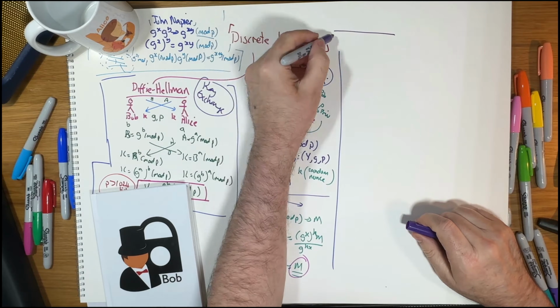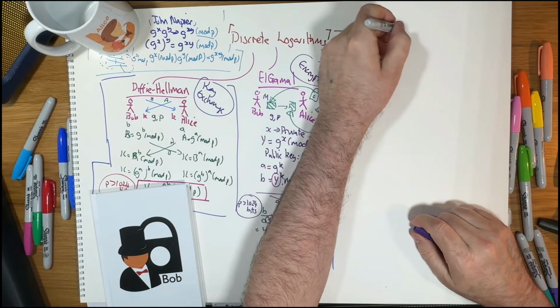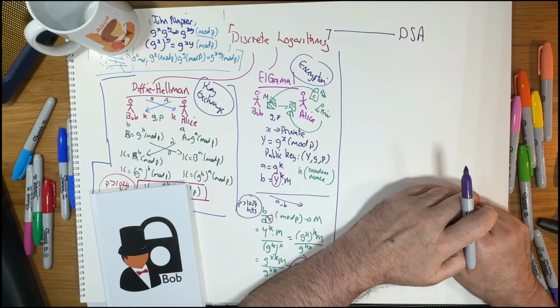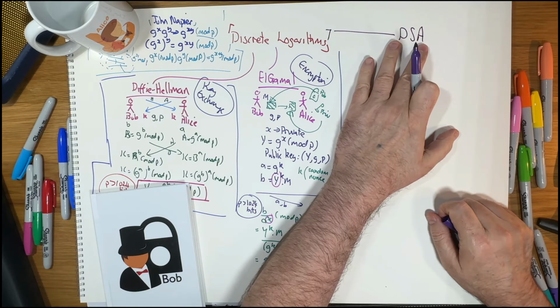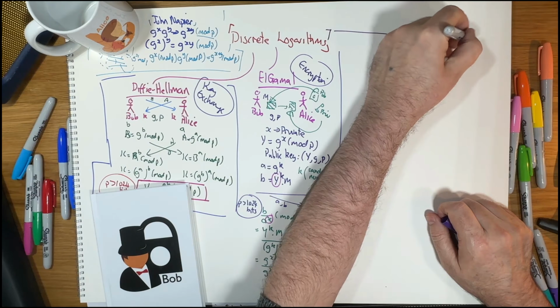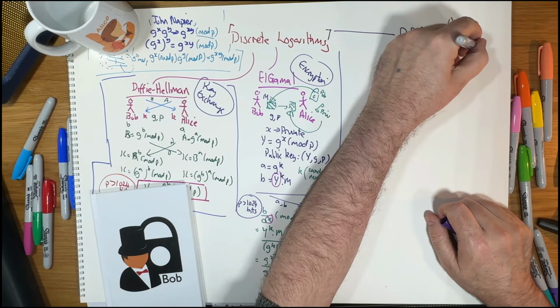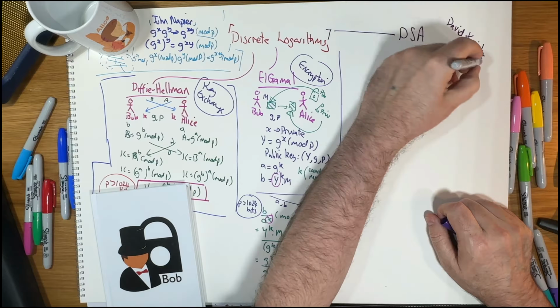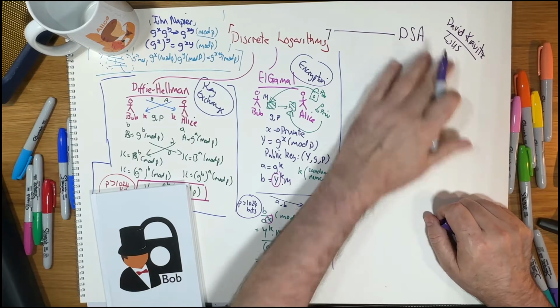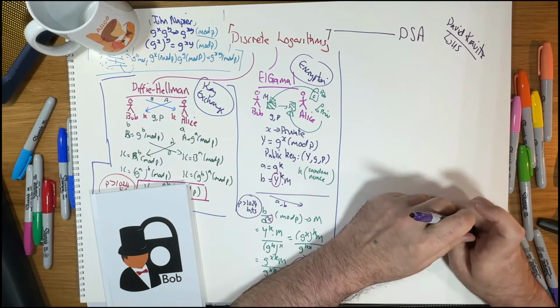So our third method is digital signature algorithm, or DSA. And this was created by David Kravitz and was patented, but was assigned to the US government.